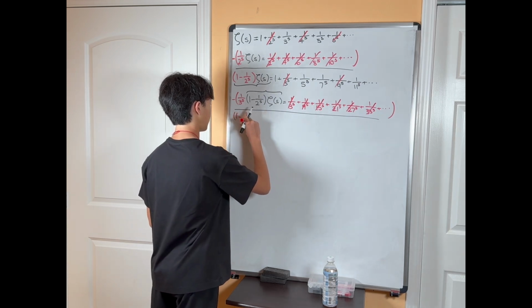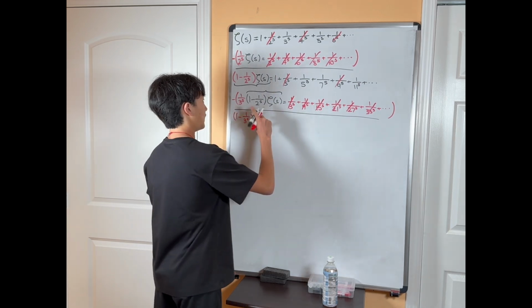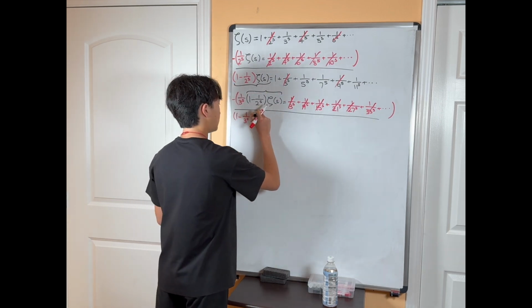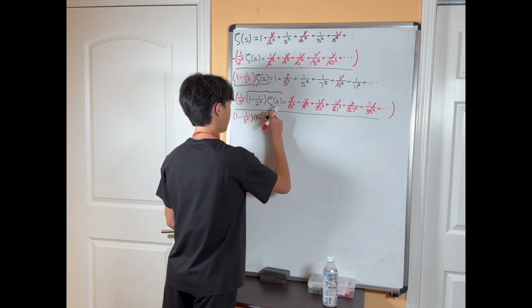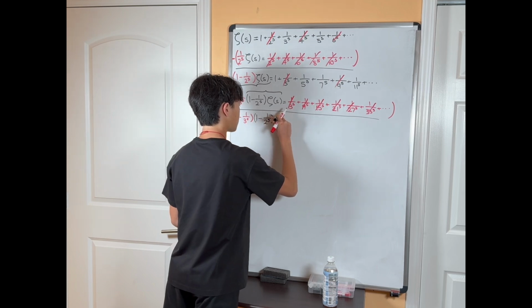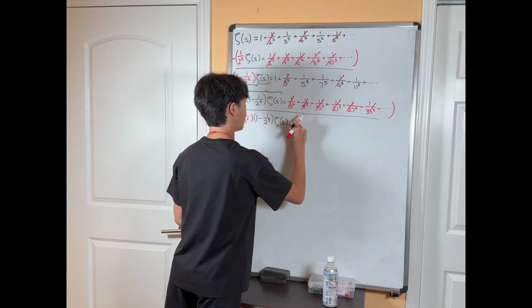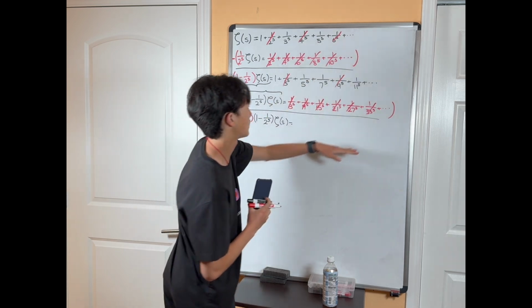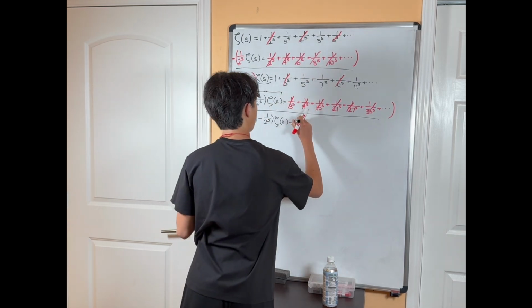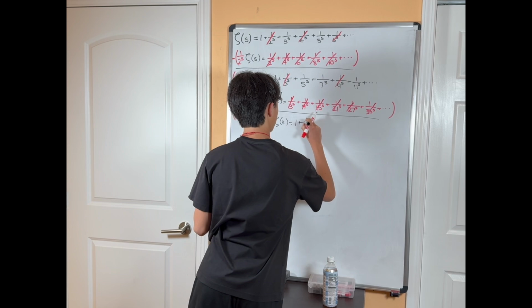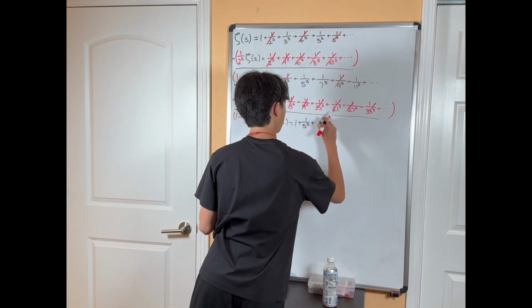So it's going to look like this. And then the part that I bracketed is going to show up like this, zeta of s. And then on the right-hand side, all these terms we crossed out, we're not going to put those down. We just have 1 plus 1 over 5 to the s, and so on.